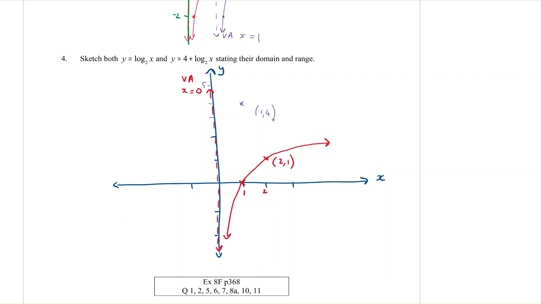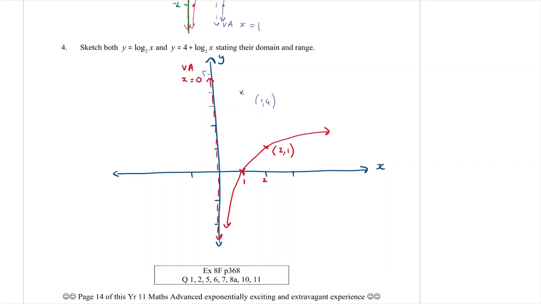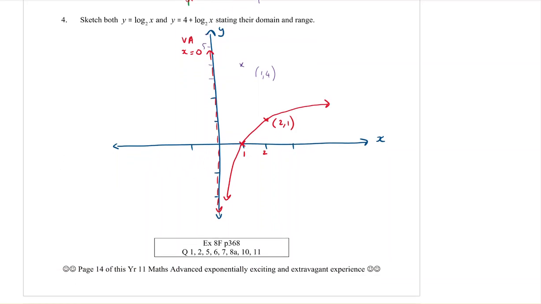I'm going to have to find my intercept, which unfortunately is not as easy to get. To find the x-intercept, you want to sub in that y is equal to 0 into that equation, don't you? So I'm going to put 0 equals 4 plus log base 2 of x. I have to solve that to get the x. So I move the 4 across, minus 4 equals log base 2 of x. And I'm still trying to find the x, so I'm going to have to do a sliding base.